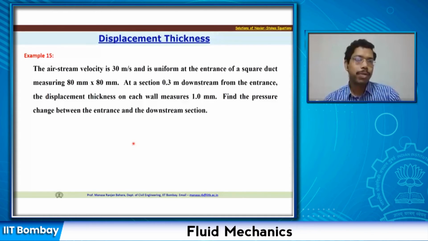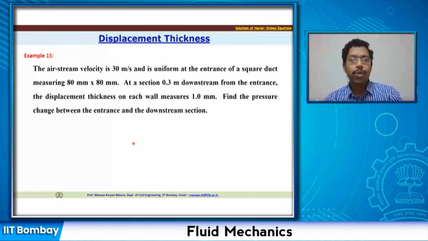The duct measures 80 mm by 80 mm, and at a cross section 0.3 meter downstream from the entrance, the displacement thickness on each wall measures 1 mm. Find the pressure change between the entrance and the downstream section, that is 0.3 meter downstream. You find out the pressure difference P1 minus P2.